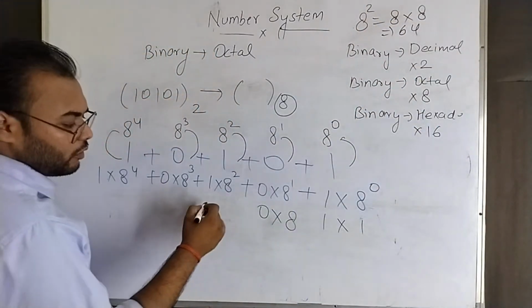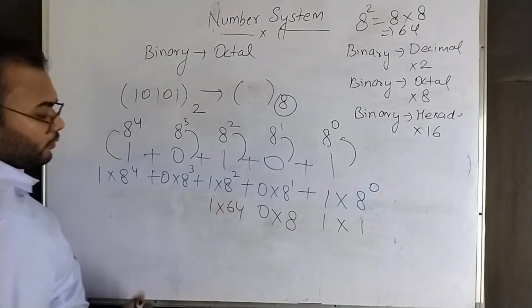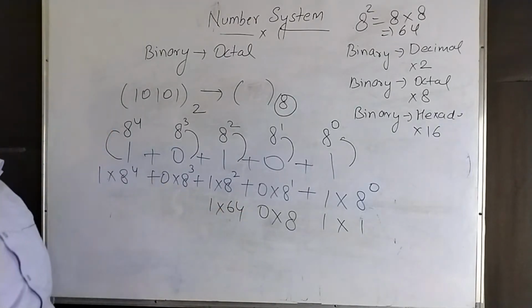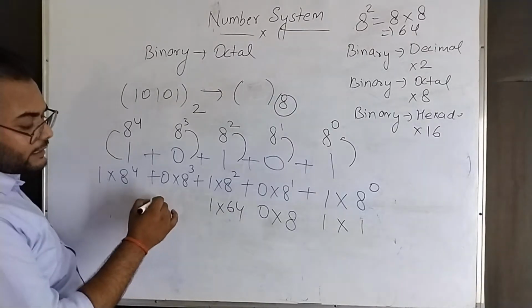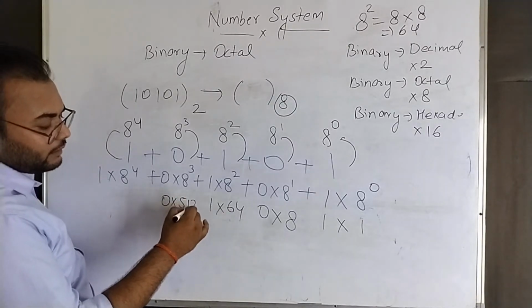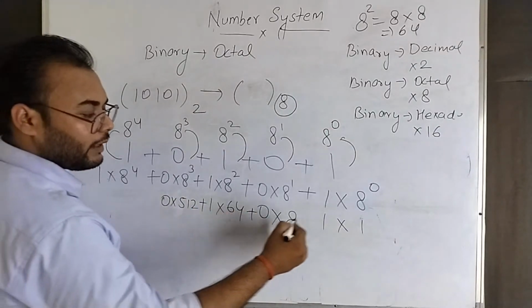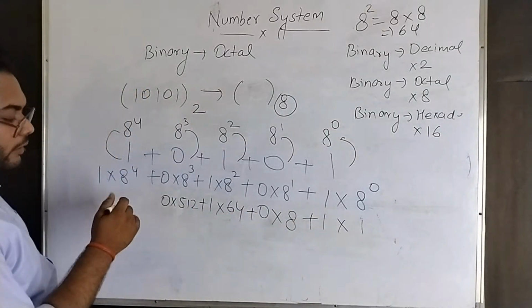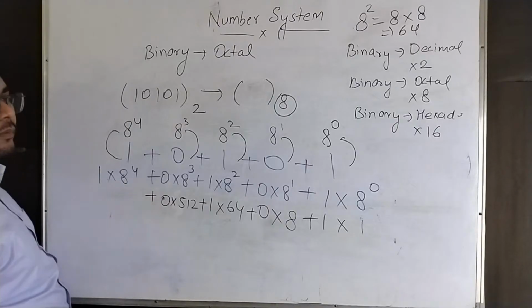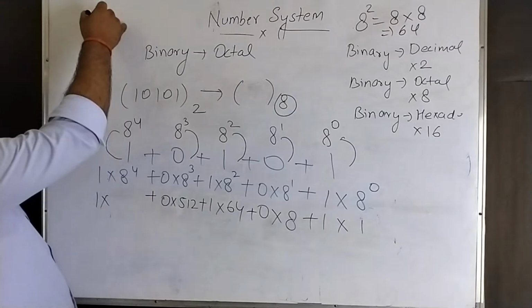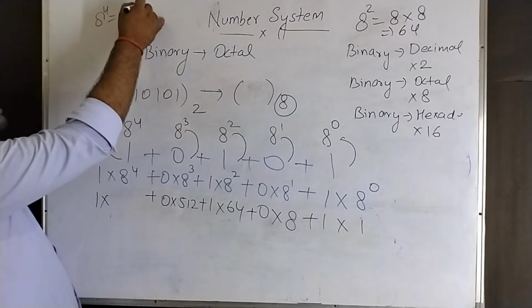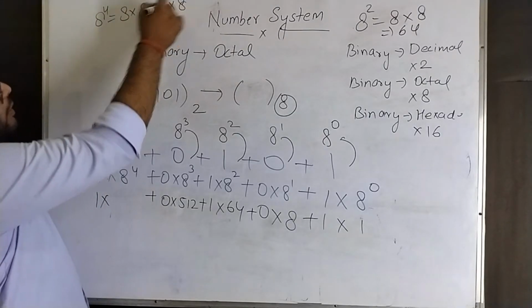So 1 into 64. Now what is 8 to the power 3? That is 0 into 512. We are going to keep adding, don't be confused. Again plus, and 8 to the power 4 is what? 1 into 8 to the power 4 means multiplying 8 four times.